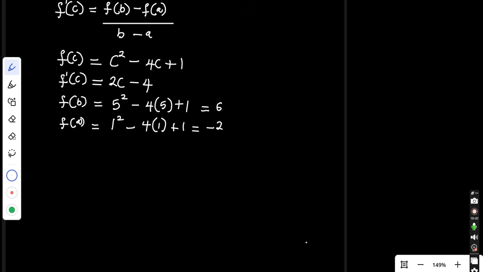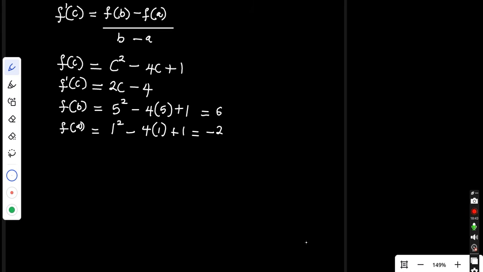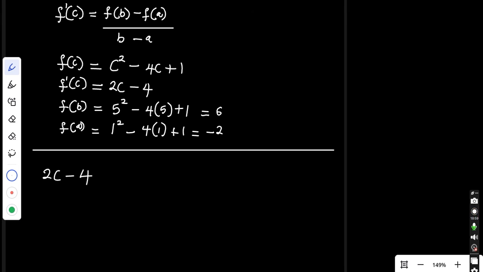Now, applying this into the mean value theorem formula, f prime of c is 2c minus 4. We say this should be equal to the average rate of change, and this f of b is 6. What is f of a? F of a is negative 2, and b minus a, where 5 is b and 1 is a, is going to be 5 minus 1.